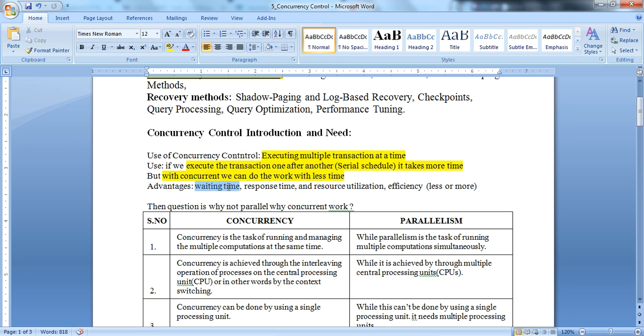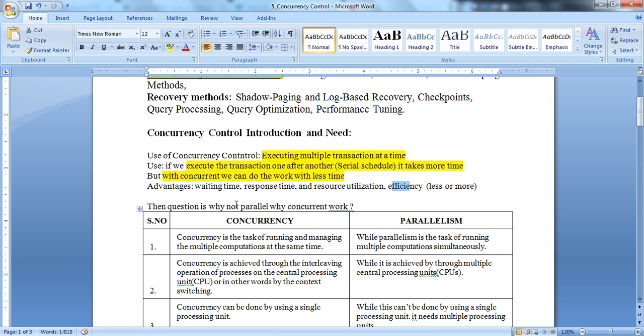Advantages: waiting time is less under the concurrent schedule, and response time is less under the concurrent schedule. The waiting time for a particular transaction is less, and response time relates to the system, which is fast. Then resource utilization is more and efficiency is more.